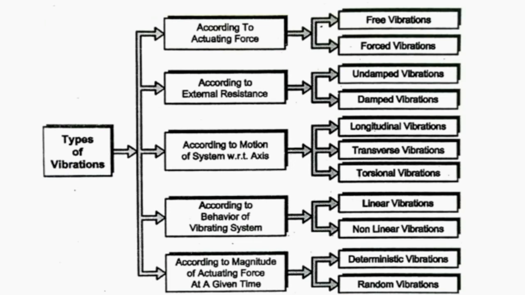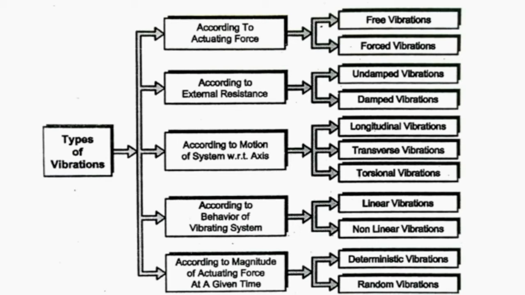Here in this block diagram, the whole classification of vibration is given. According to the actuating force, vibrations are classified as free vibration and forced vibration. According to the external resistance, they are classified into undamped vibration and damped vibration. According to the motion of the system with respect to the axis, they are further classified as longitudinal vibration, transverse vibration and torsional vibration.